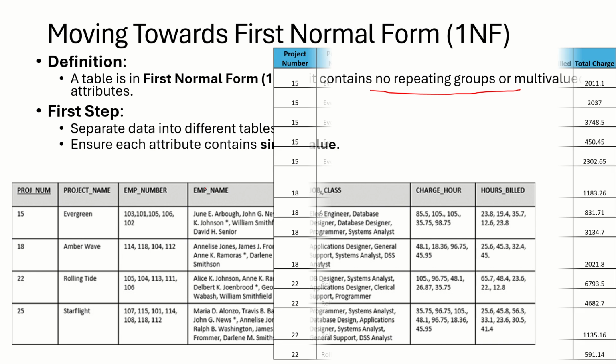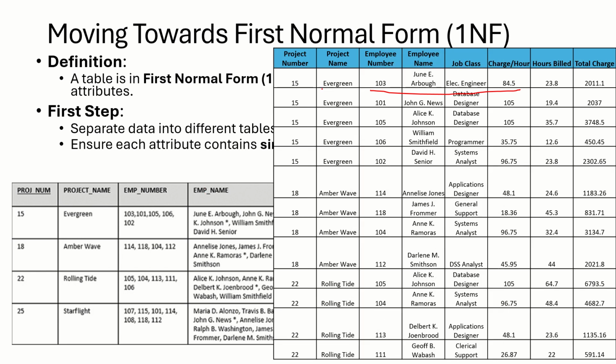In this one, we can just find the match: employee number matches employee name, job classification, charge hour, hours billed, and total charge, right? So this is the first step. We need to make sure there's no multi-value in one cell. Now we finish our first normal form.